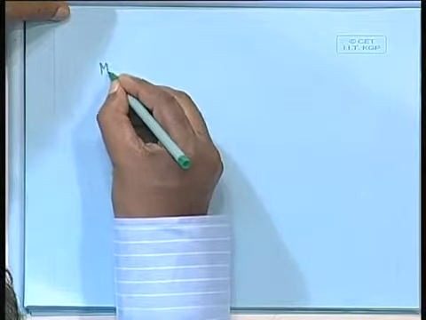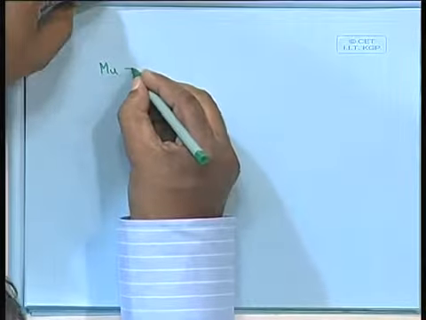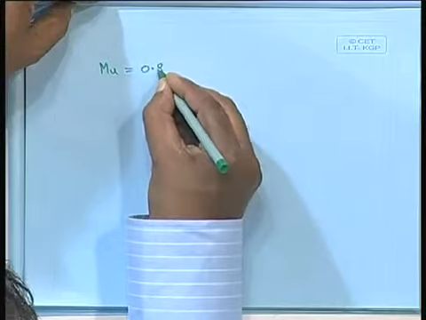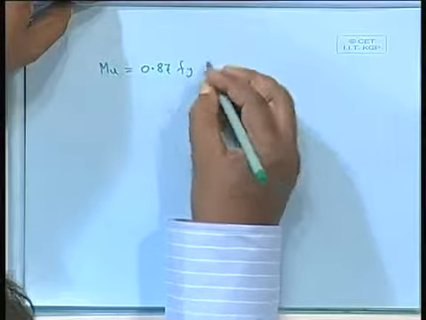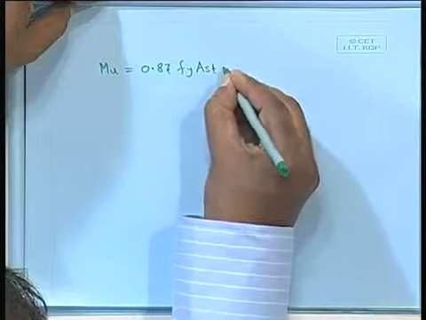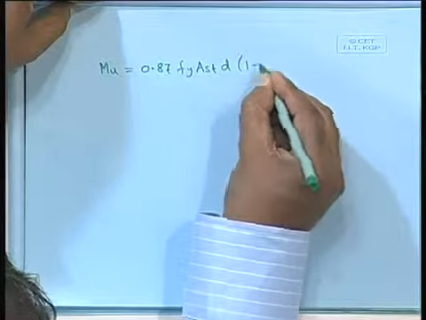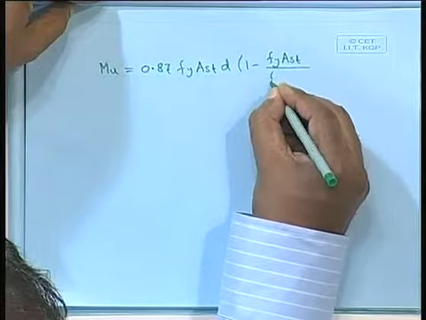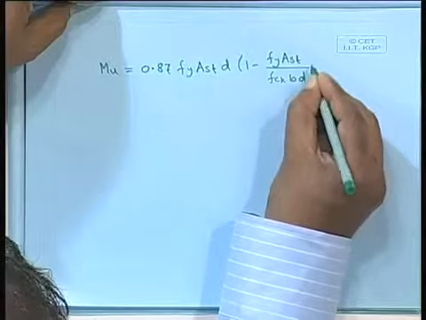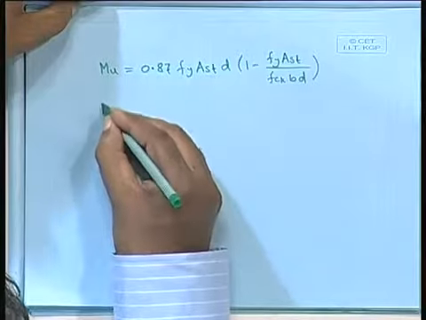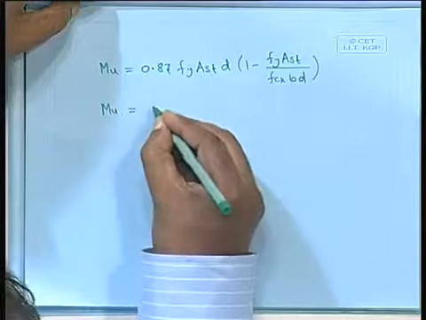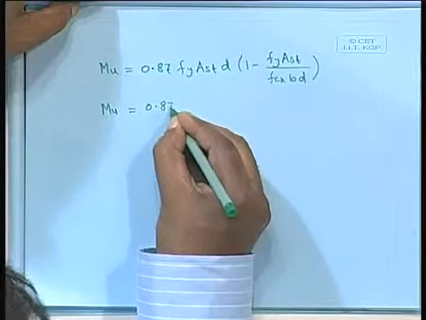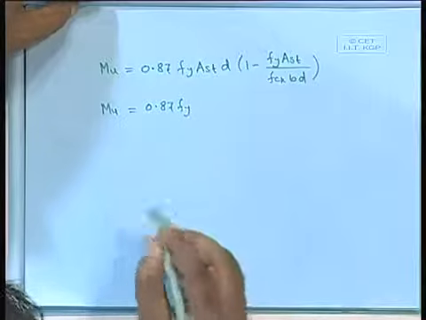Therefore, we can write Mu equal to 0.87 fy.